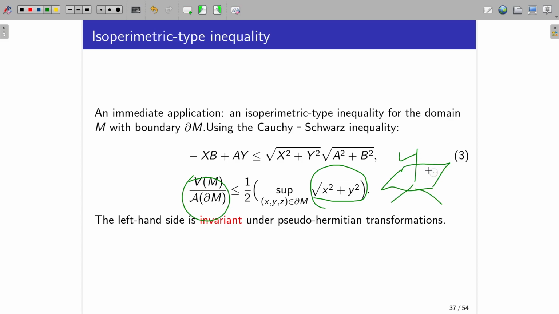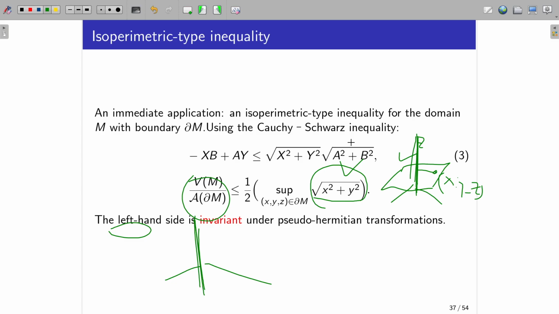the distance to the z axis, right? Here's x, y, z, and this is a distance to the z direction. So it means that if you move far away from the z direction, this becomes very, very big.